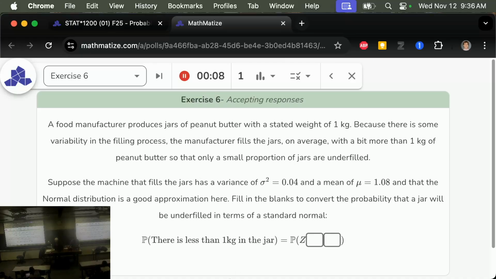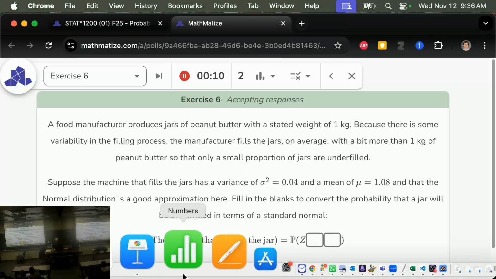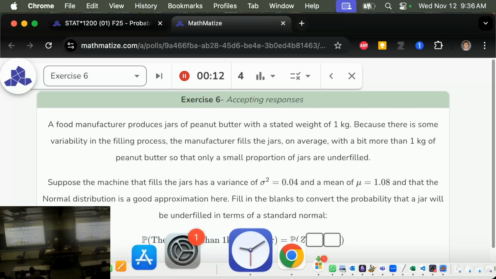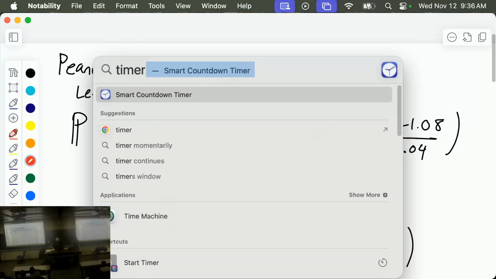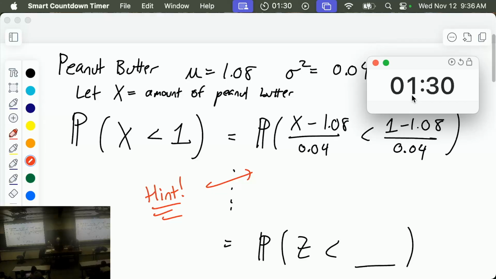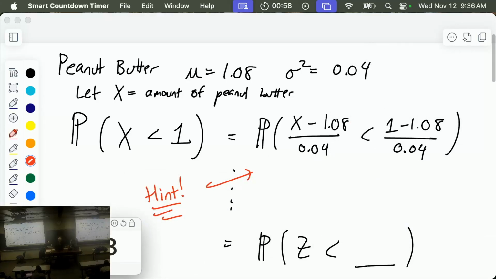And I will go back up to this hint, and let's see if people get the hint or not. I'm leaving it on this page just to let people see, and then I will take it up in a moment.